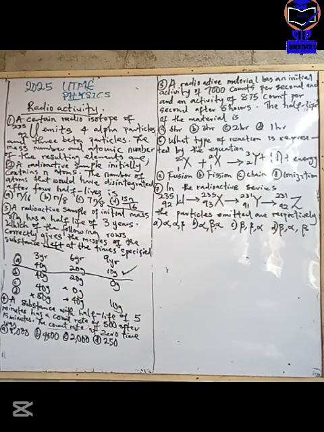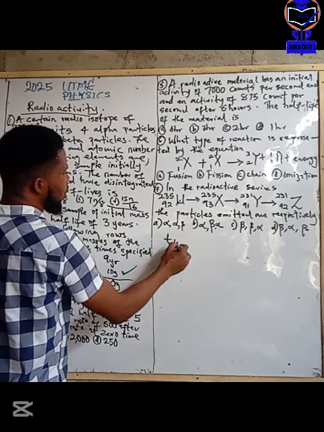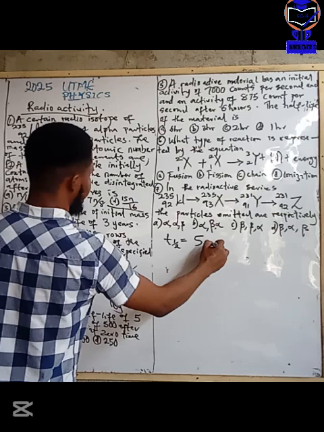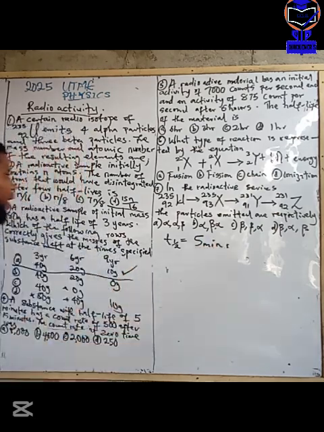Watch. They gave me the half-life. Half-life, which is T 1/2, is what? 5 minutes. Right? Now the count rate is what? 500 after 15 minutes.